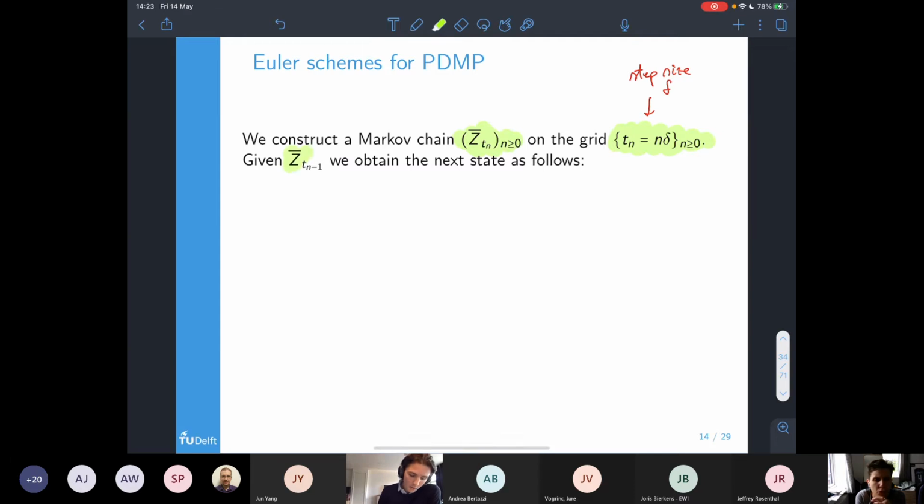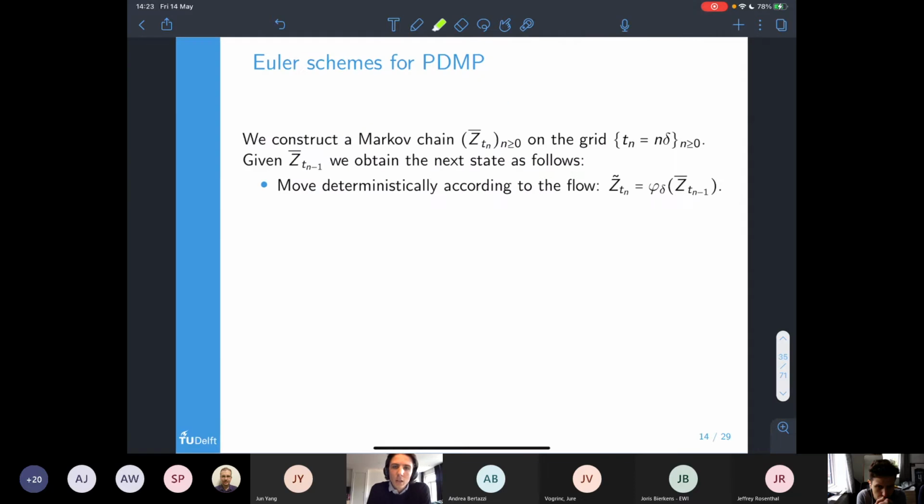Let's say we're given the state of this Markov chain at time tn minus 1. Then we first compute an auxiliary variable, z tilde tn, which is obtained very simply by moving according to the deterministic flow for a time delta, starting at the position at the previous time step.